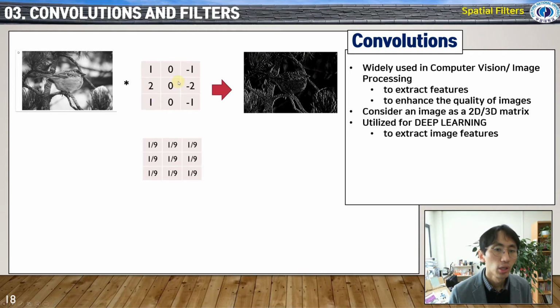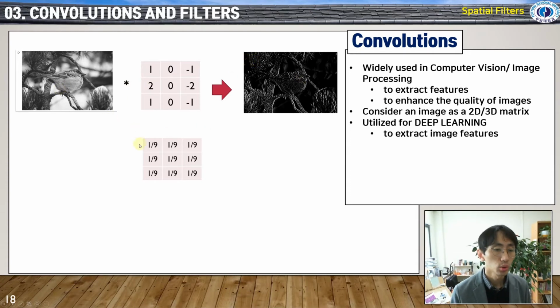Here, I told you that edge detection is available with a filter, and this can be done with the convolution of this filter. If you use this matrix and apply the convolution, then you get this image.